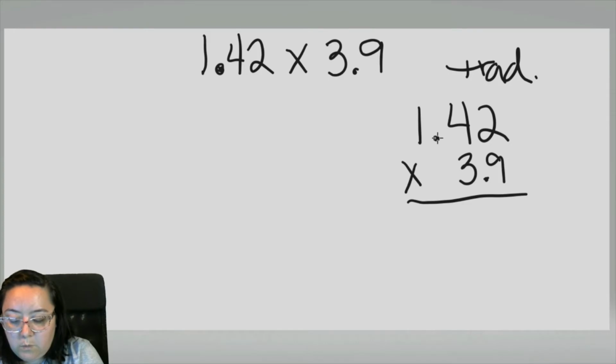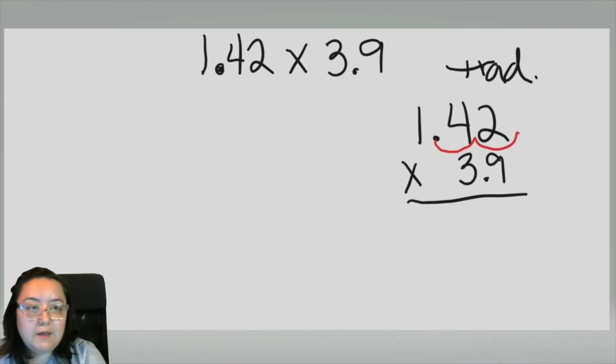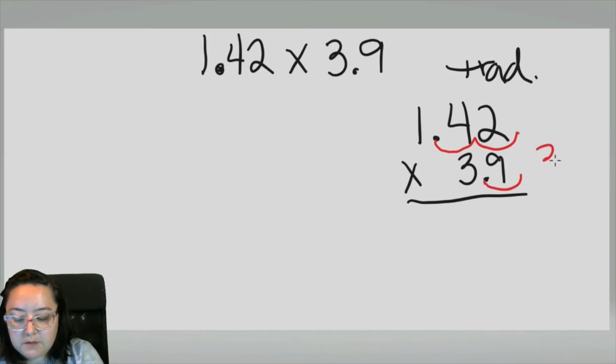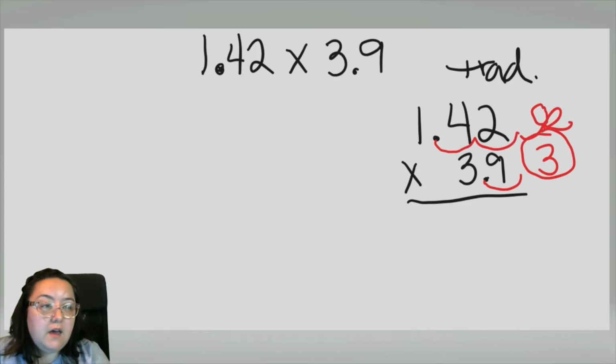We are going to take the decimal and kick it 2 times, and then 3. We kicked it 1, 2, 3 times, and then we put that number out to the side, circle it, put a bow on it. That is a present that we are going to open at the end of finding our product. So that 3 tells me that my answer, my product, should have 3 decimal places in it.